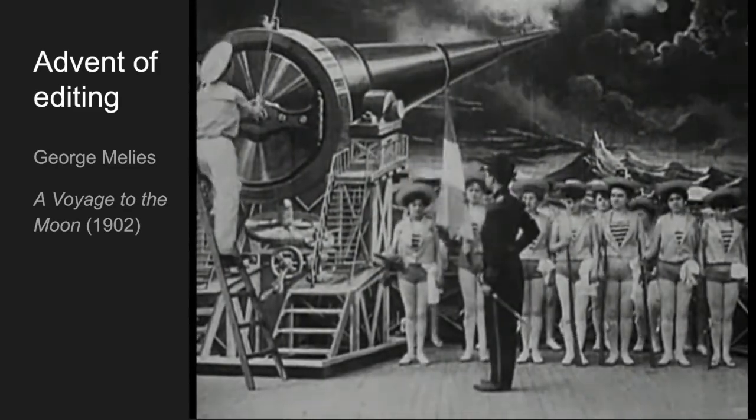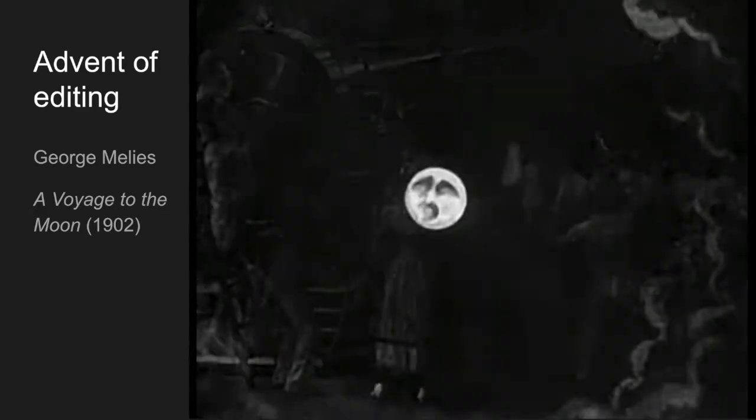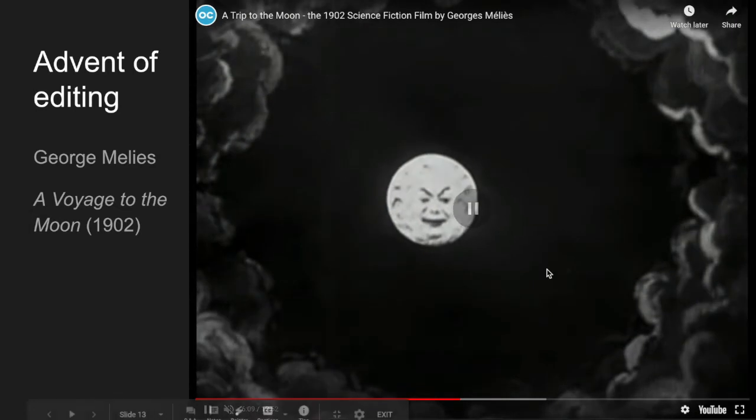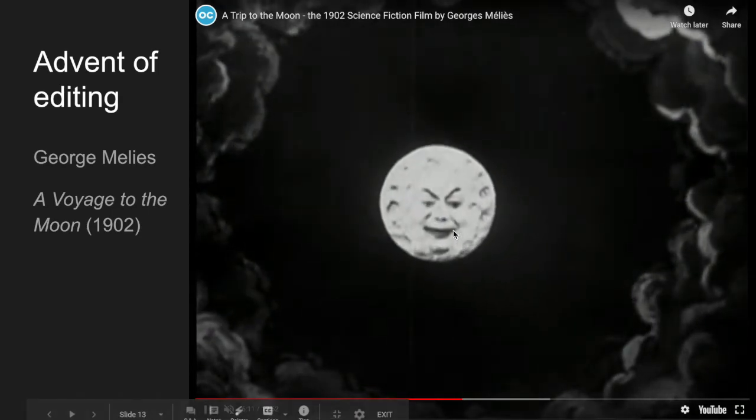I'm going to let this go on just a little bit longer. So they're fired off to the moon, and something interesting happens right there. So one of the other things that Méliès kind of invented was the dissolve transition. Okay? He figured out that you could overlap two pieces of film and make it look like one thing was transforming into another. And so we saw that there as the moon, slowly we appeared to get closer, and now we have, of course, the face of the man in the moon.